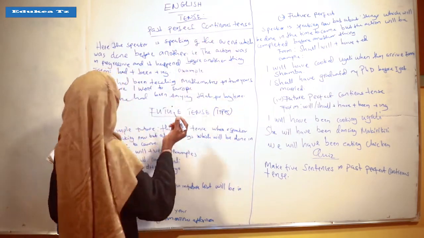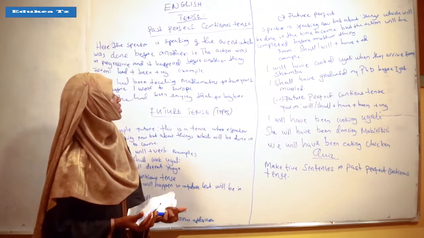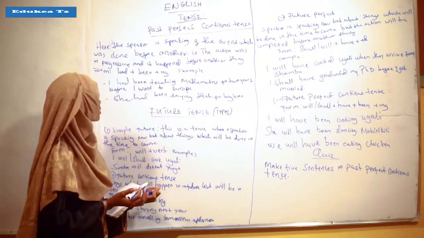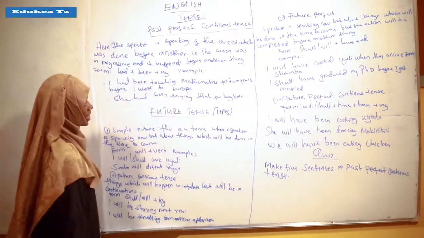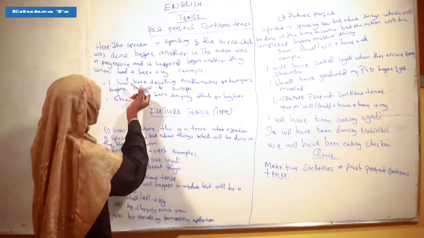The next subtopic today is past perfect continuous tense. Here, the speaker is speaking about an event which was done before another. The action was in progress.